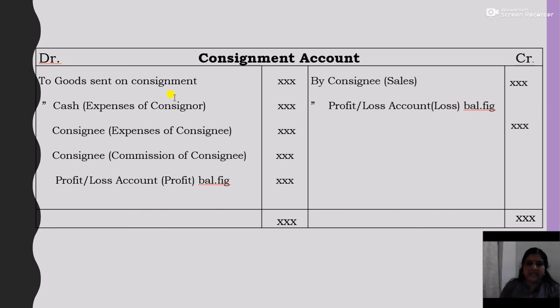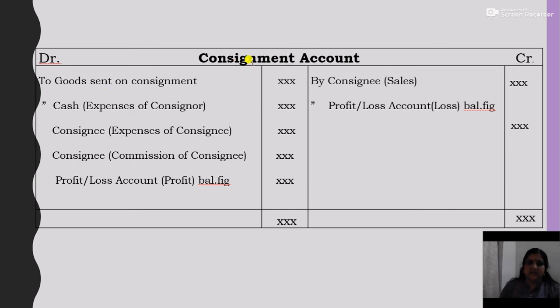So the consignee's account shows the final amount to be received from the consignee, and the consignor's account shows the final amount to be paid to the consignor. So 3 accounts in the books of consignor: consignment account, consignee's account, and goods sent on consignment account. Then in the books of consignee, only one account is required, and that is consignor's account.